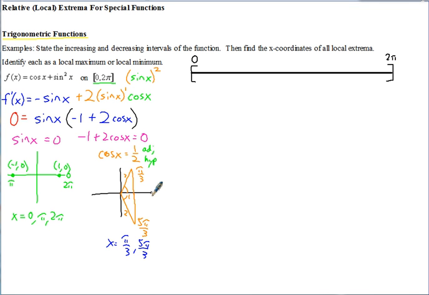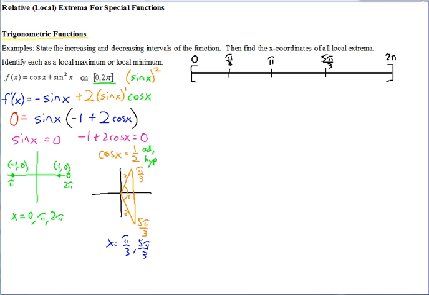Going counterclockwise, starting with 0, which is already on there as an endpoint, the next one we hit is pi over 3. After pi over 3, the next one we hit is pi. And after pi, the next one we hit is 5 pi over 3. And then we have 2 pi, which is another endpoint.